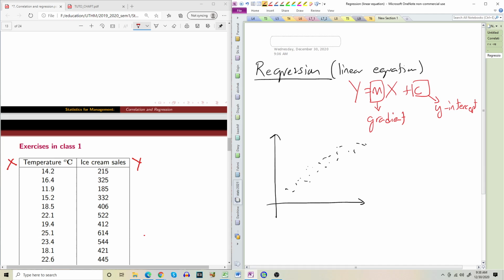By the number we compute, we can tell how related these x and y are, how much x influences y. Regression, remember I told you about a pattern, isn't it? Pattern means it goes up, like this. Regression is all about finding this equation of line.